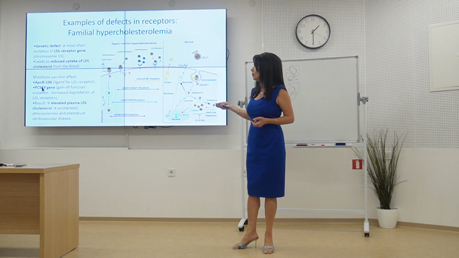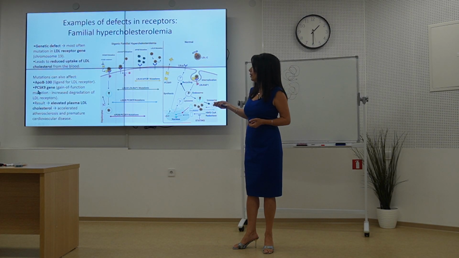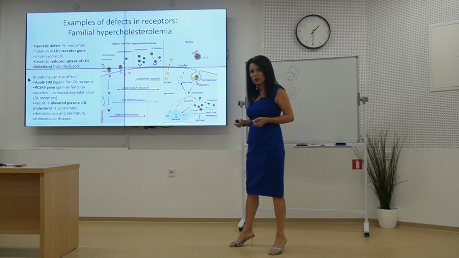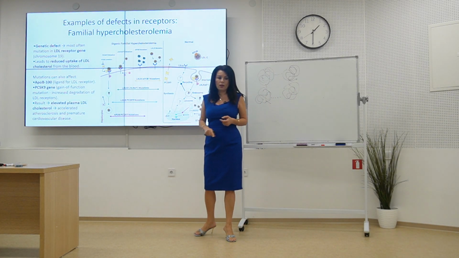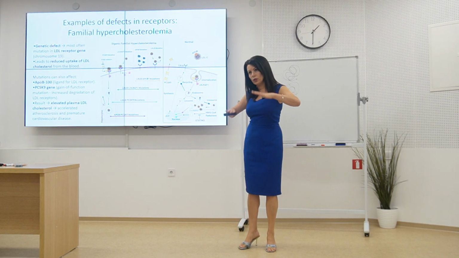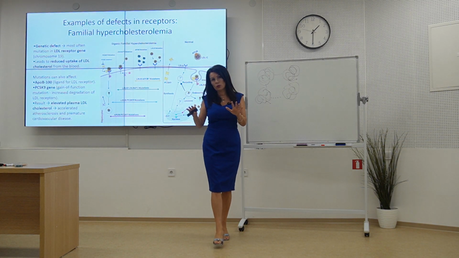And there is one other type which affects the gene of this protein, which is PCSK9 gene. And the result will be increased degradation of LDL receptors. This is the action of this protein. If there is normal level of this protein, there is normal degradation of receptors.